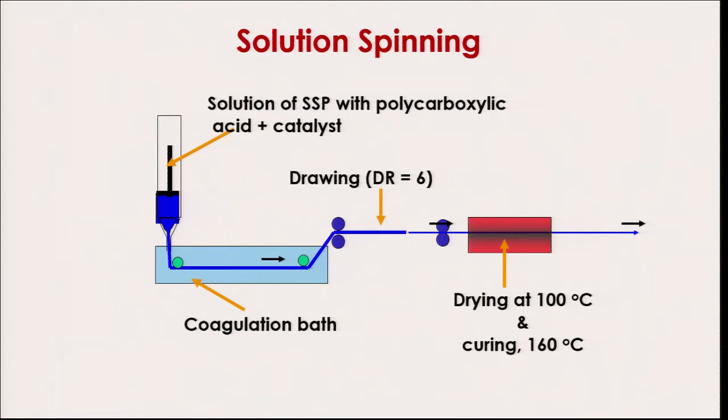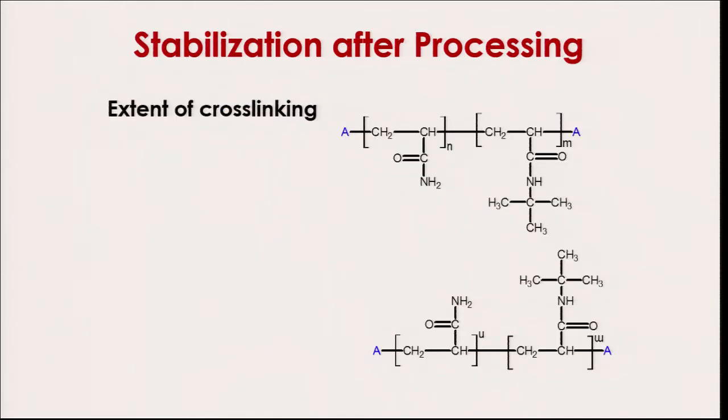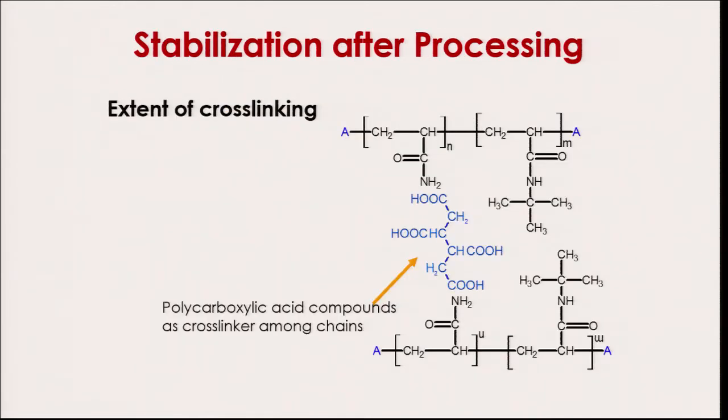What will happen at 160 degree centigrade? The stabilization would occur because of the reaction of the polycarboxylic acid additives, which are used as a cross linking agent, with the amide groups, the NH2 of the amide group.